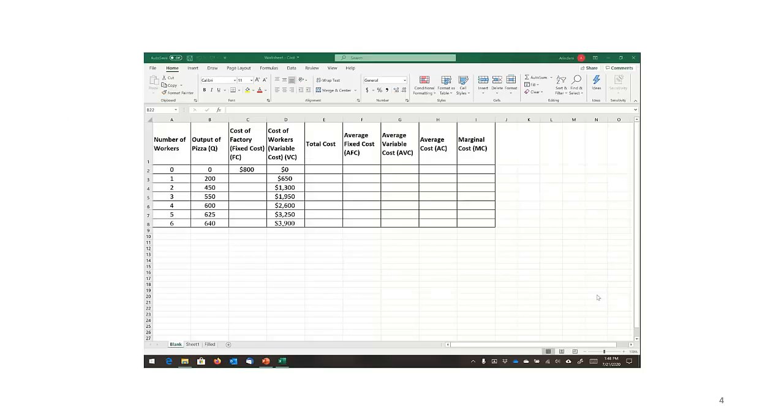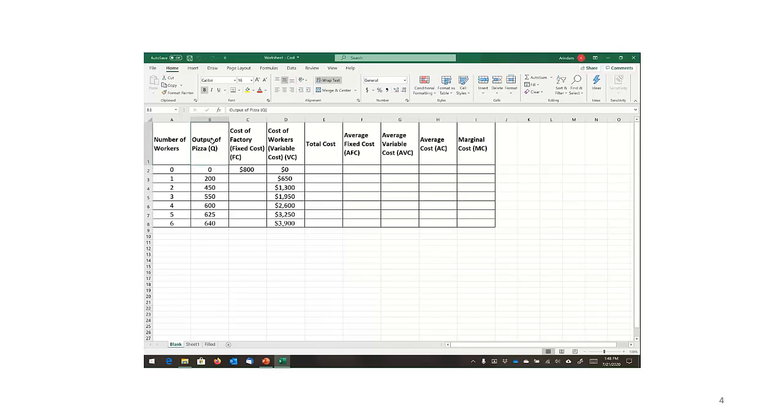So in the last slide, we discussed variable cost, fixed cost, and different kinds of cost concepts. We are going to do an example using this Excel worksheet to try to understand the behavior of different costs. And this is the Excel worksheet for a separate firm. Let's say it's a pizza restaurant and it sells pizzas.